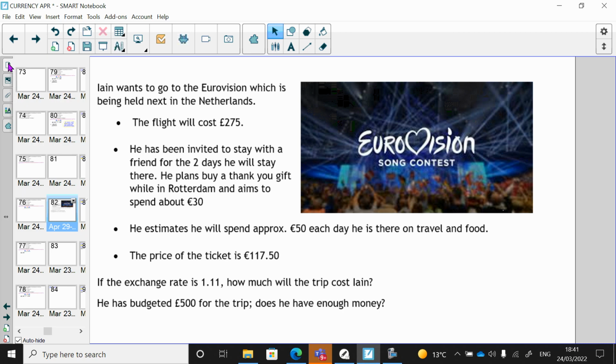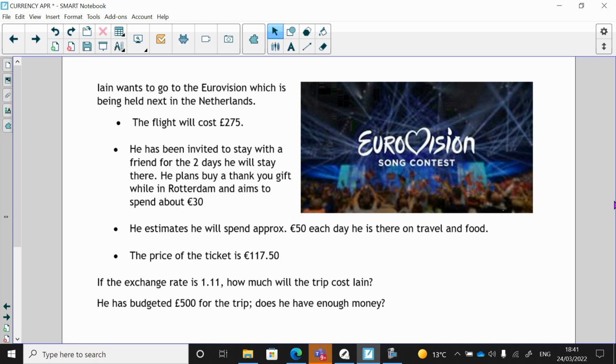Right, okay, that's fine. So we'll get what's going on here with this big story. This person wants to go to the Eurovision Song Contest. It doesn't say Song Contest, but it does in the graphic there. It's being held in the Netherlands. That's part of Europe, and they deal with the Euro.